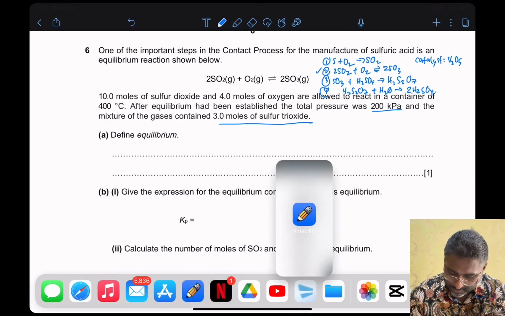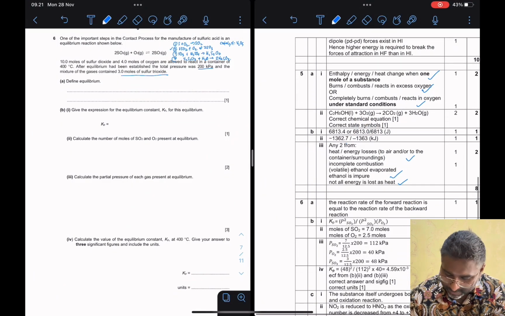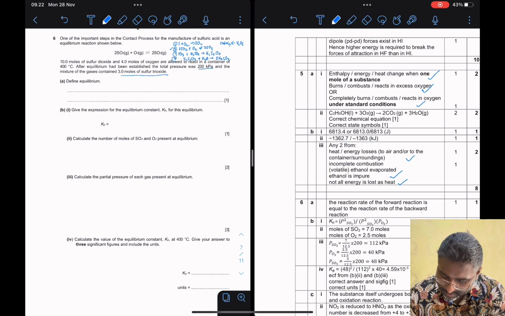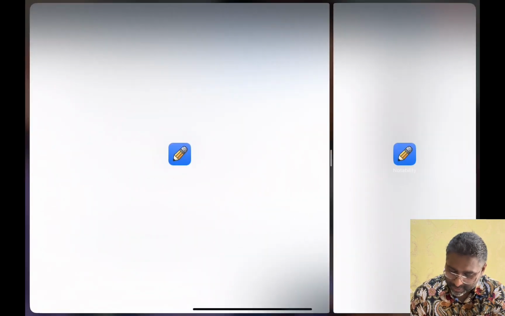If you look at the answer required, they just put only one.